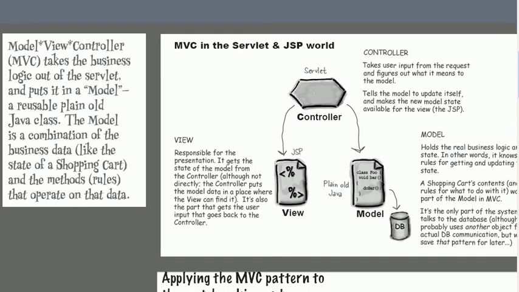So this is the model view controller. It takes the business logic out of the servlet and puts it in a model, a reusable plain old Java class. If I were to later change the interface, instead of using servlets, if I want to use Swing and still want to make sure that the application works, then it's better that you separate the model, which is the business logic, and put it as a separate Java class.